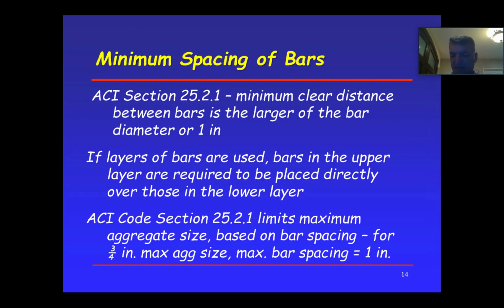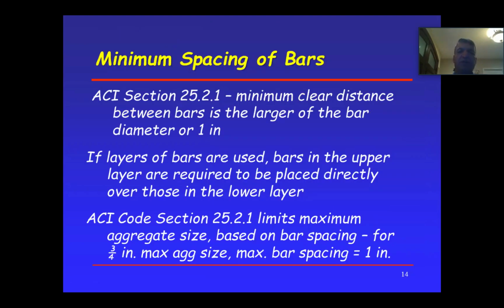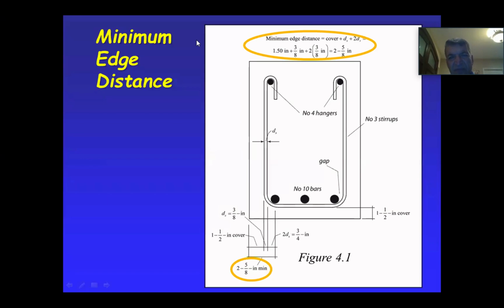Minimum spacing of bars. So if you're doing this, what is this minimum space between a bar and a bar? See that? So we're doing that so when we start designing, we know. ACI says minimum clear distance between bars is the larger of the bar diameter or 1 inch. When I say clear distance, it is not center to center. So that means it's from here, sorry about that, should be vertical line to there.